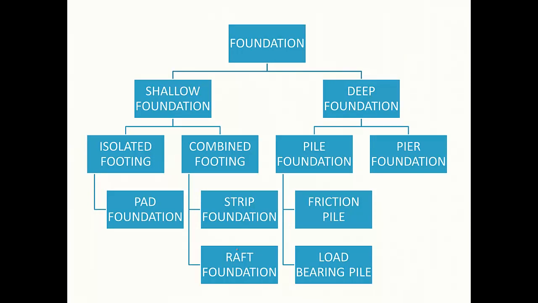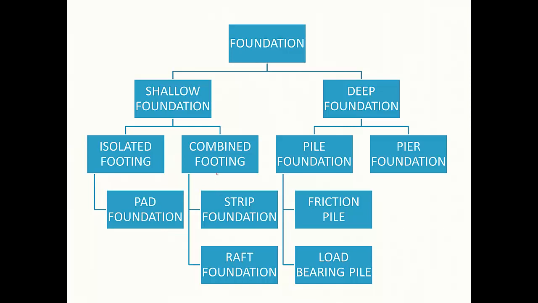Okay, now if I give you a mind map of the foundation categories in a more specific way, you can see shallow foundations can be split in two ways: isolated footing and combined footing. Isolated footing, like pad foundations, is only one column, one footing.